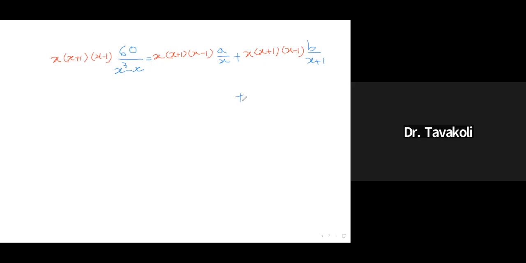Plus the same product of x times (x + 1) times (x − 1) is multiplied by C over x − 1.